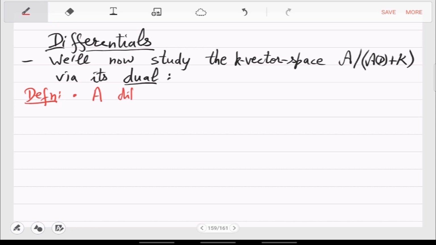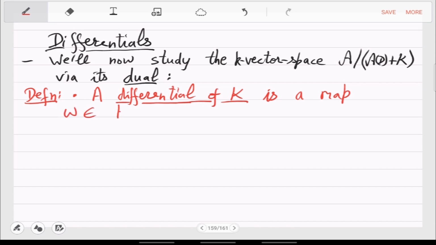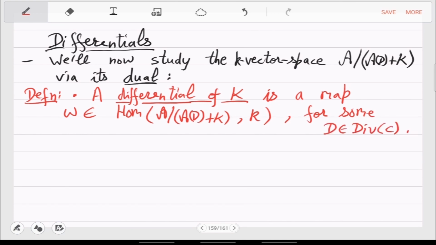So a differential of the function field k, or equivalently of a curve, is a map omega that sends this object to the base field small k, for some divisor D. So for a function field we can define differentials.